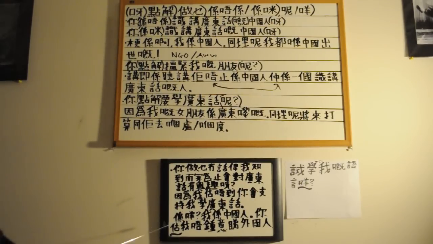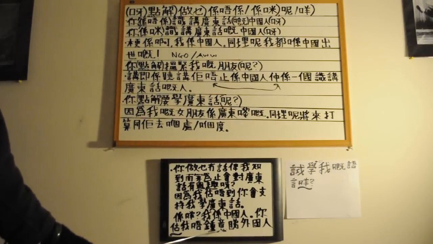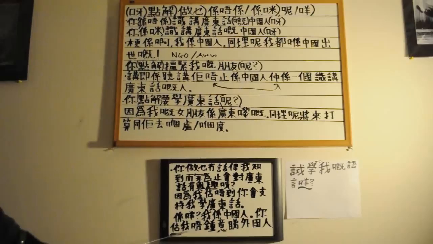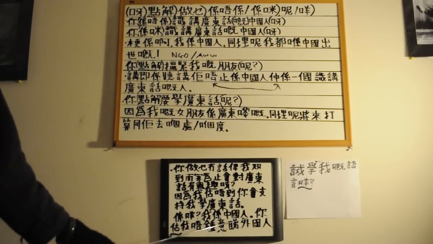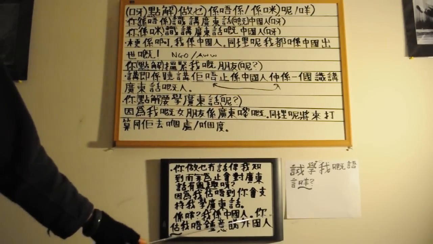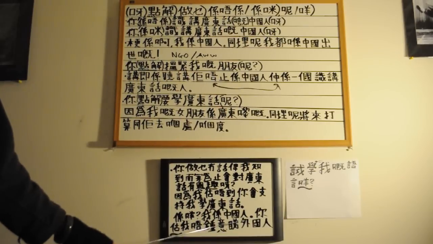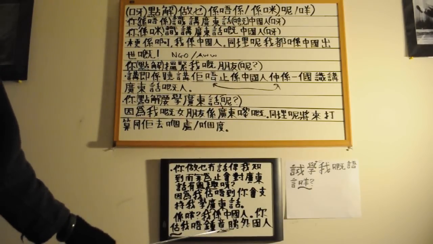Okay, so back to this. 你估 you think 我唔中意. 唔中意 is the negative, 中意 is like. So 我唔中意睇, 睇 is to see. 我唔中意睇外國人, 外國人 means foreigner.